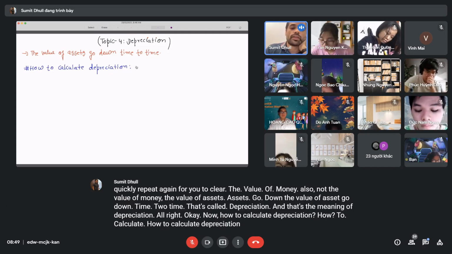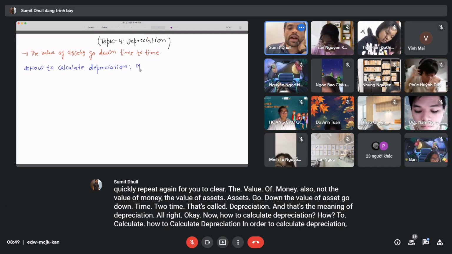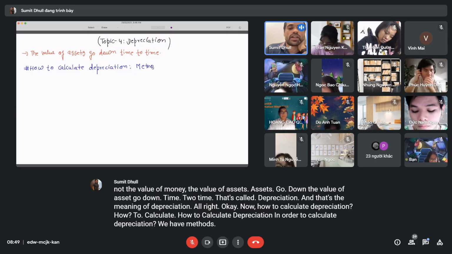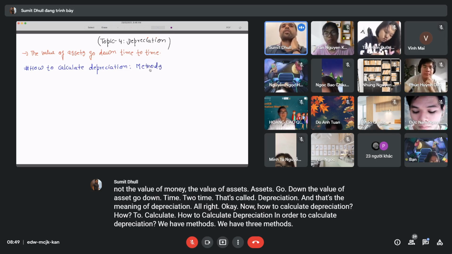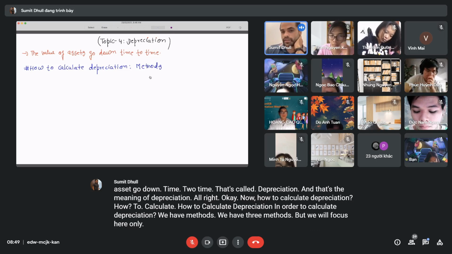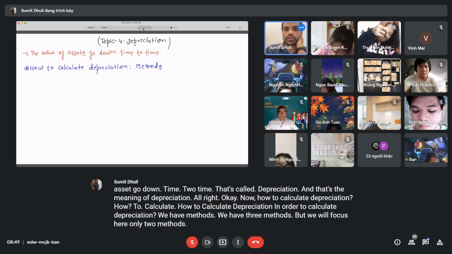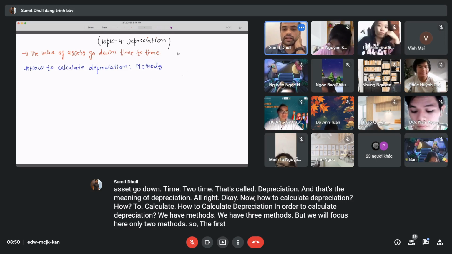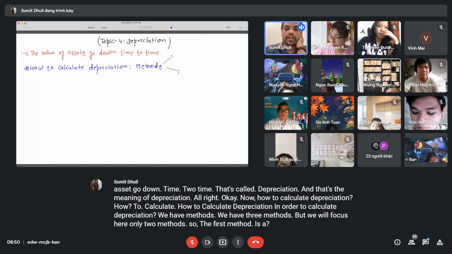In order to calculate depreciation, we have methods. We have 3 methods, but we will focus here only on 2 methods. The first method is the straight line method.